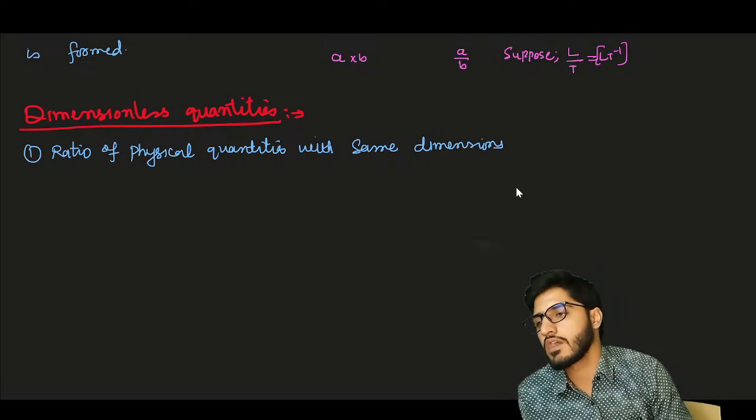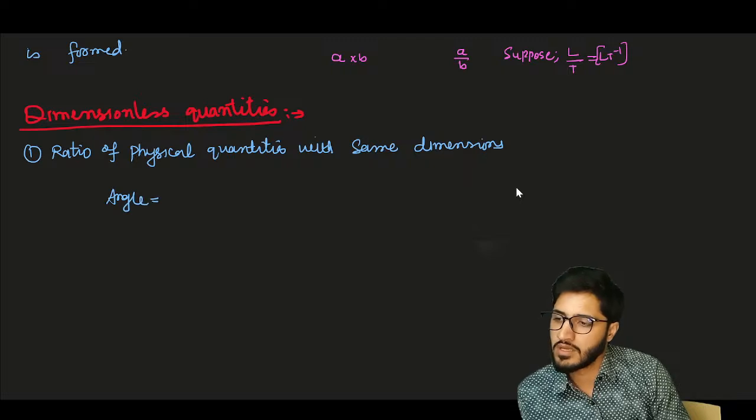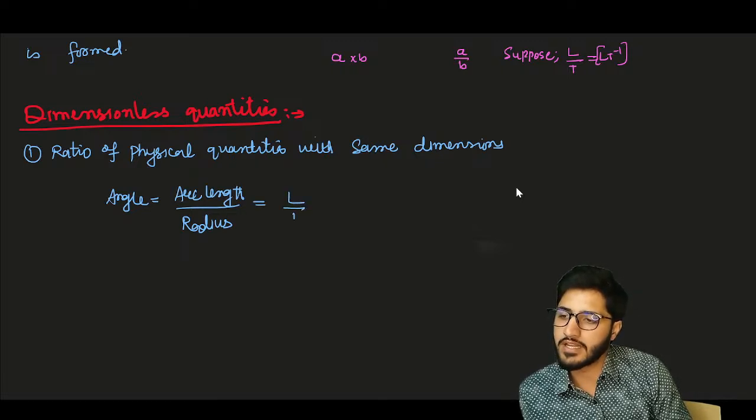Suppose we are having angle. Angle is equal to arc length by radius. Arc length is length, radius is length. So what we get? We get M⁰L⁰T⁰. So we get a dimensionless quantity.